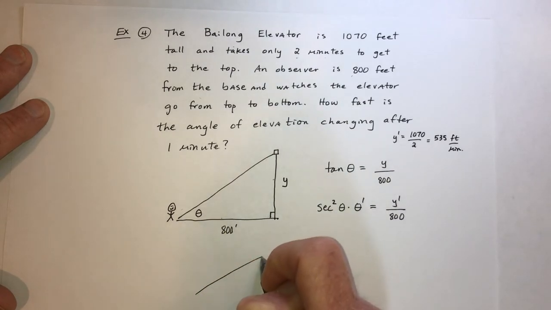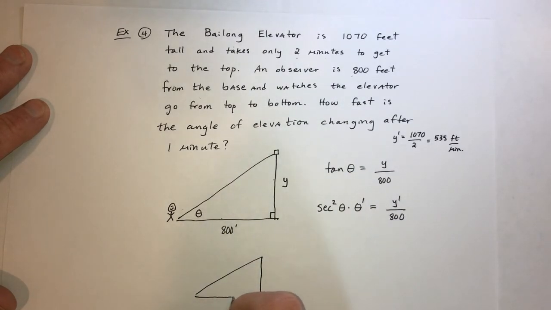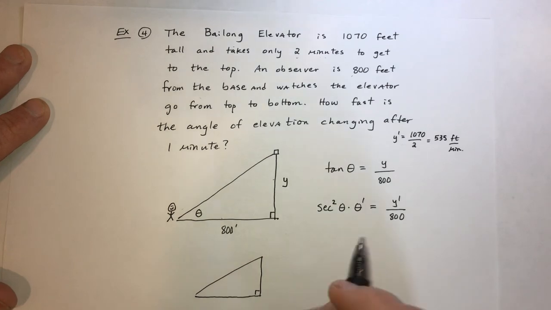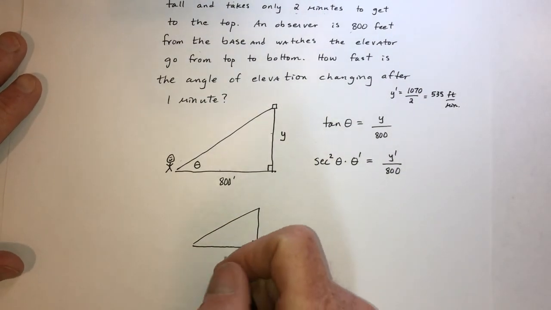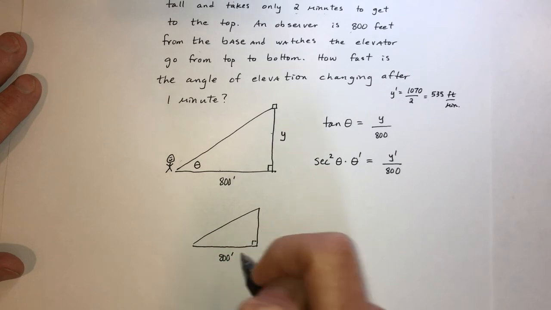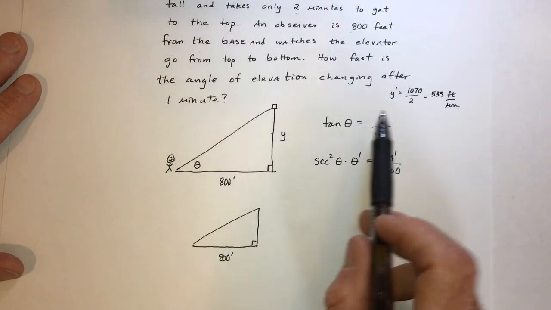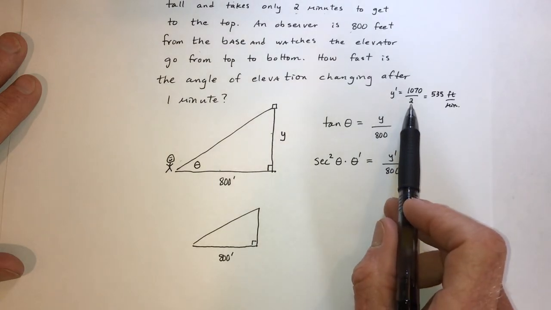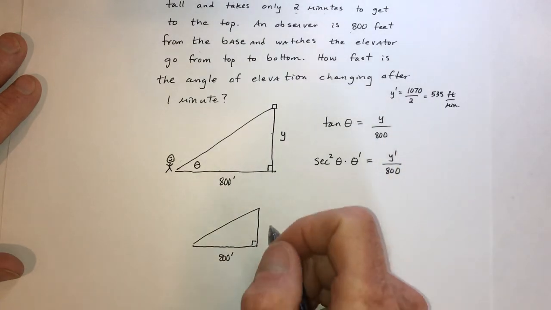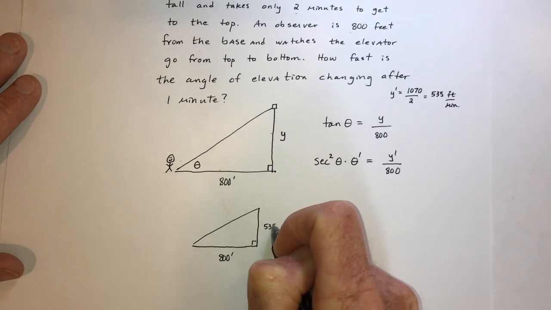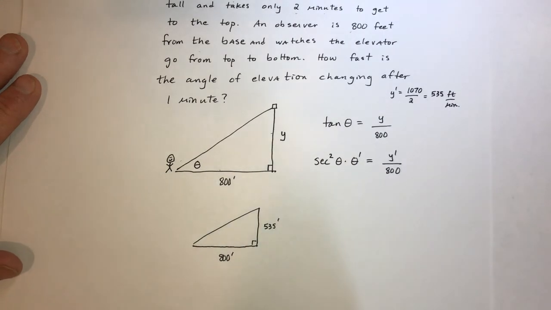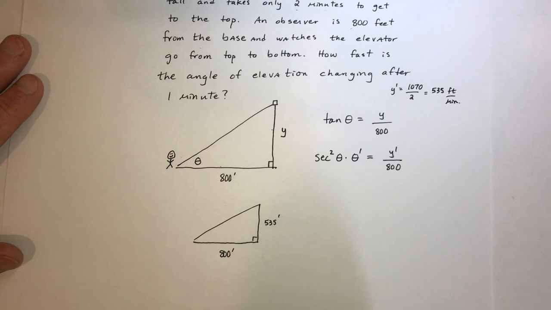Now I need to do a little bit of trigonometry. So the person is still 800 feet away. After 1 minute, that means they're halfway up. Well, I actually just did the dividing right there. After 1 minute, that means they are 535 feet up the shaft of the elevator.